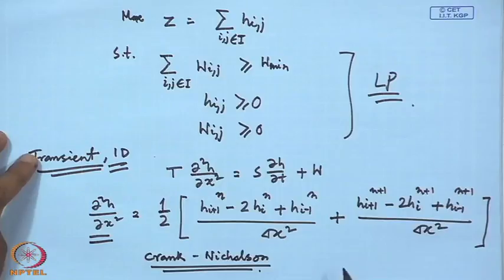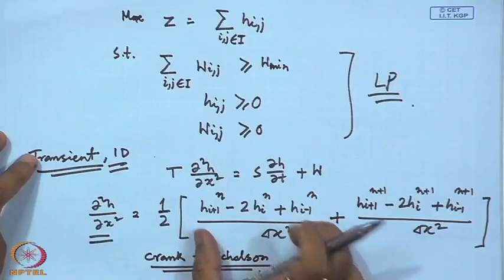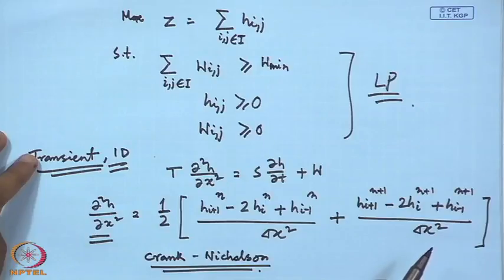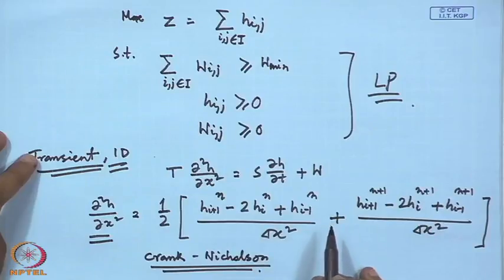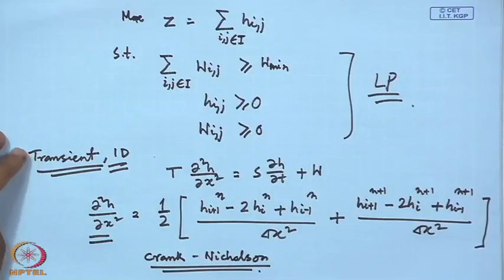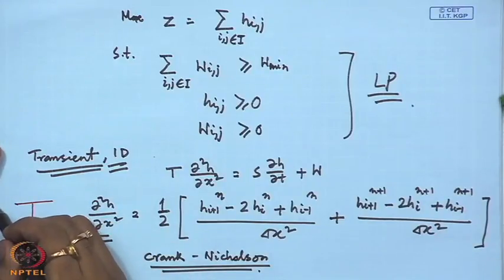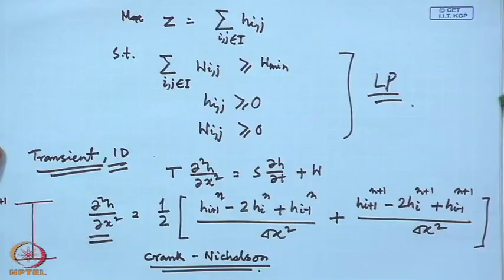In this scheme we can discretize the whole thing like this. Otherwise, we can also discretize this at any particular time step. The Crank-Nicolson scheme is basically a bounded one. This is the n plus 1 level, this is the nth level, and this is the spatial ith location.